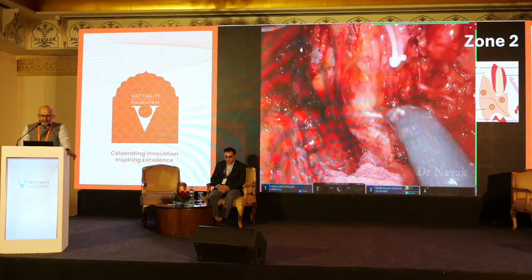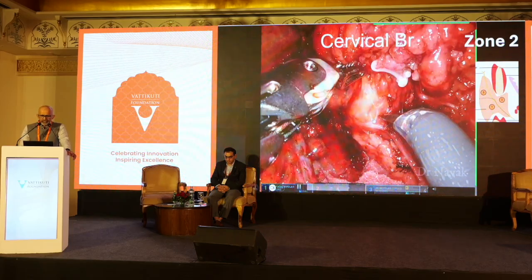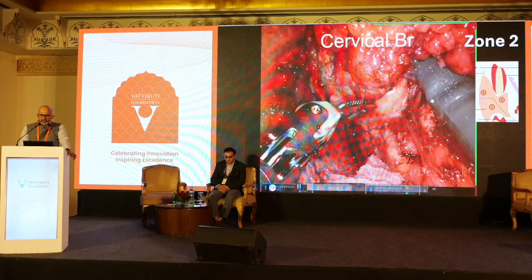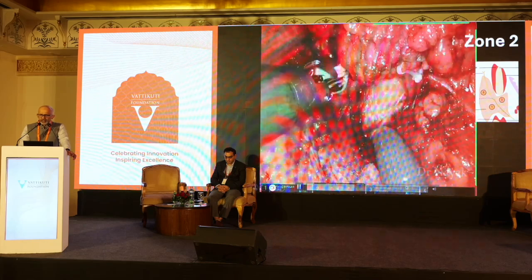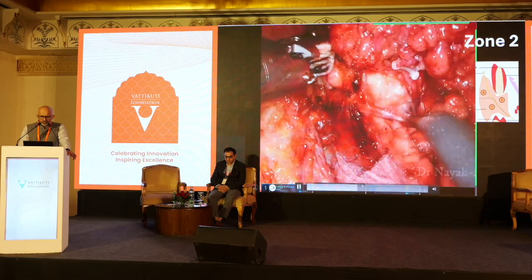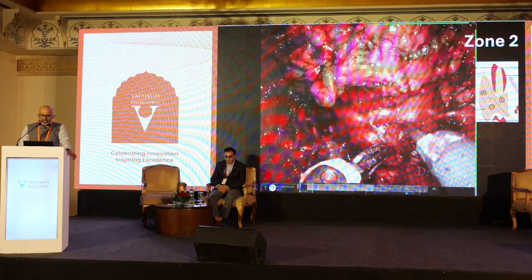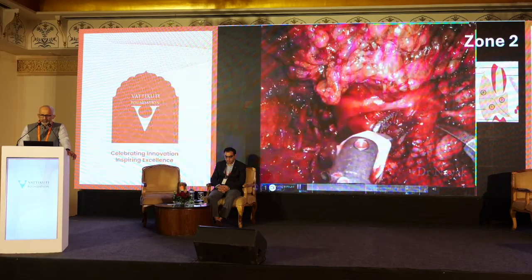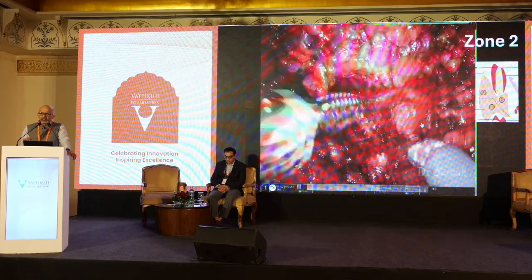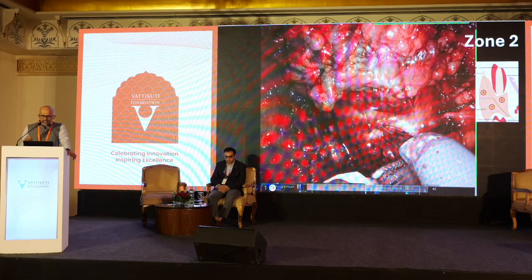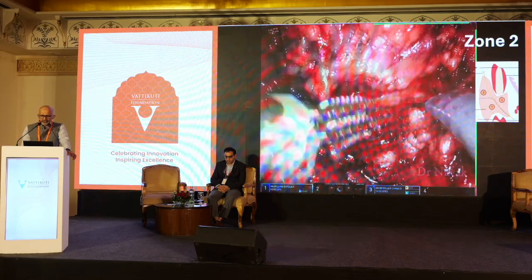This is the facial nerve, the cervical branch of the facial nerve. You can see the nerve stretching over as you go on. I'll show you a little later in the video. Yes, this is the facial nerve stretching across the tumor. This is the tumor which is under it. It is possible to dissect it and preserve the function.